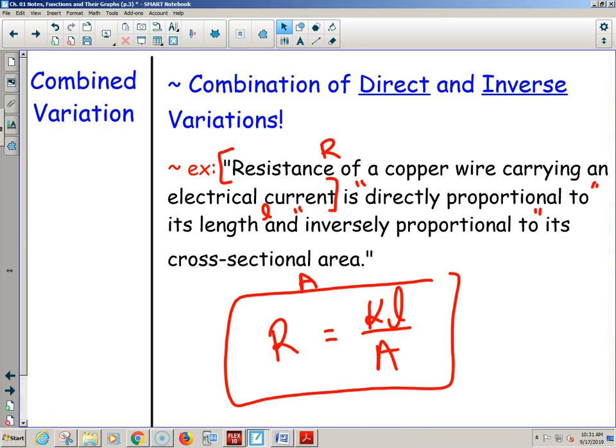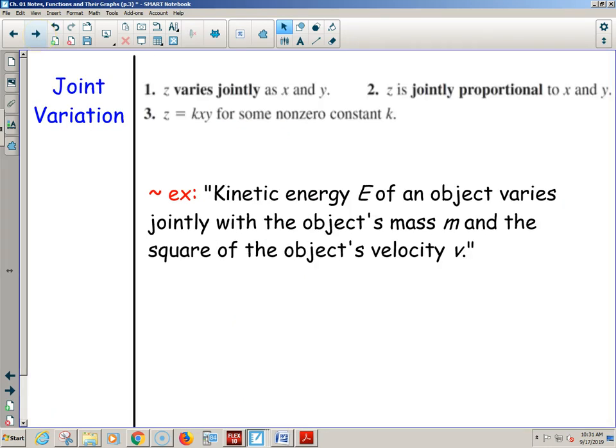That was combined. One last variation: joint variation. Jointly just means whatever variation you're doing, it's directly or inversely related to more than one variable at the same time. So it's kind of like directly related to 2 variables or 3 variables, inversely related to 2 variables or 3 variables.